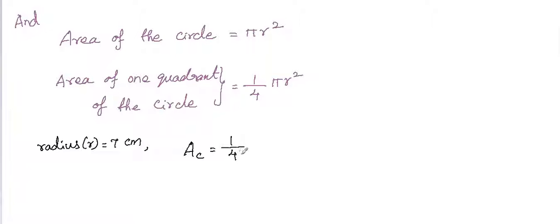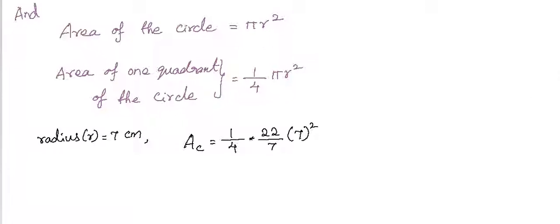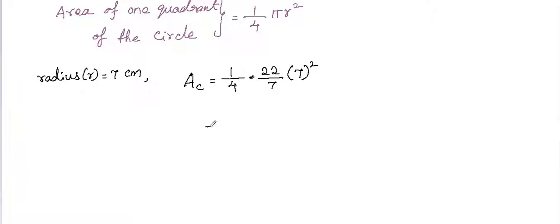So area is equal to 1 by 4 into pi value, 22 by 7, into 7 square. See here, 7 square becomes 49, so 49 divided by 7 becomes 7. So we have 22 into 7 divided by 4.